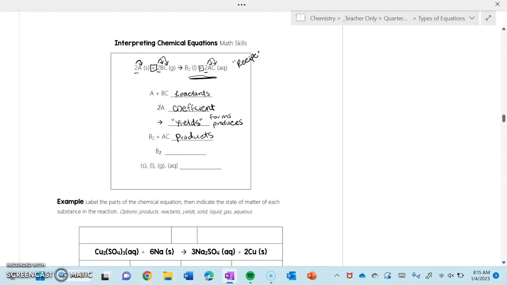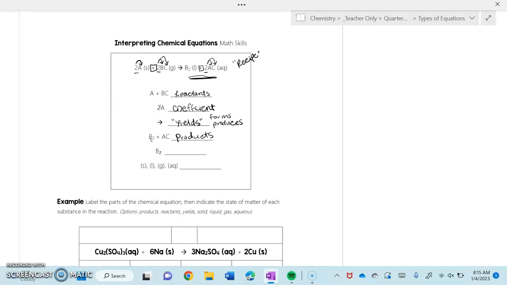But when I'm actually listing out the products, those are my actual ingredients. So when I'm making cookies, I don't call sugar 2 cups of sugar when I'm just talking about them. I call it sugar, right? So that's why I'm not including the coefficients.